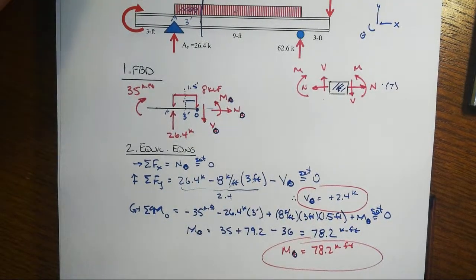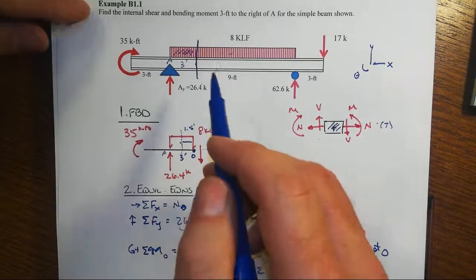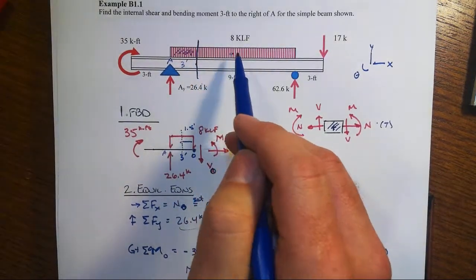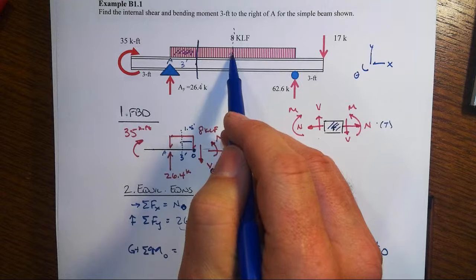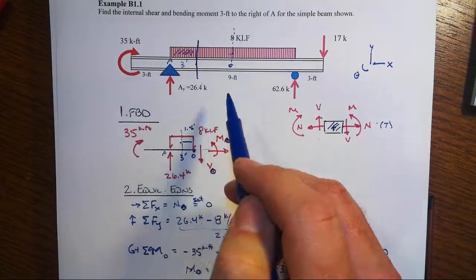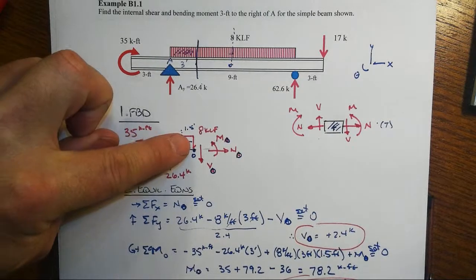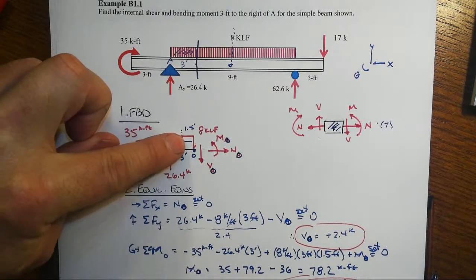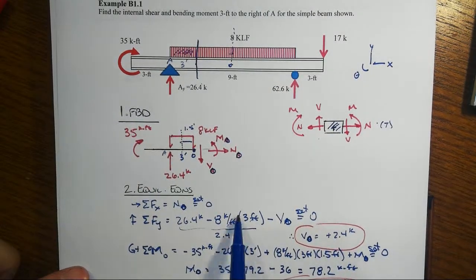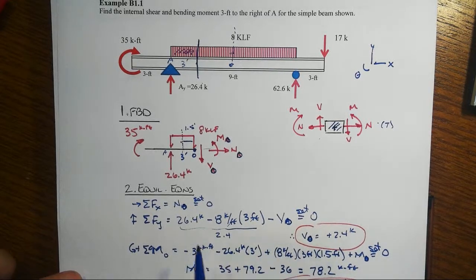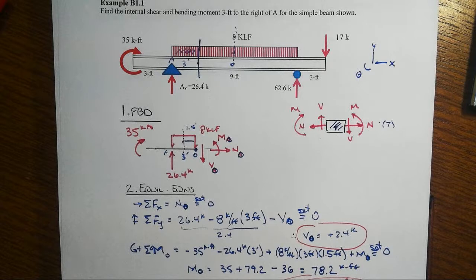I also want to point out again, you can't put the total load right here at the centroid of that rectangle and turn it into a single concentrated force. None of that distributed load would have shown up in this equation. None of that would have been there. So your shear would have been wrong. You would have said shear was equal to 26.4. It's not. It's 2.4.